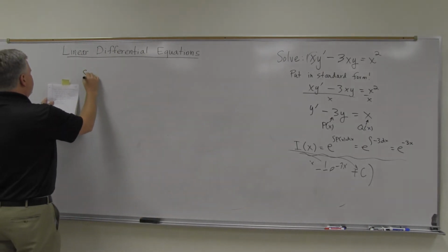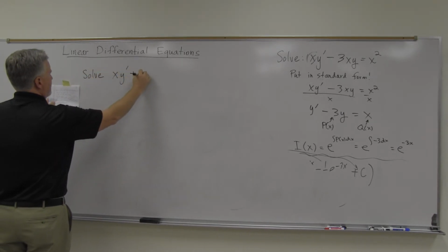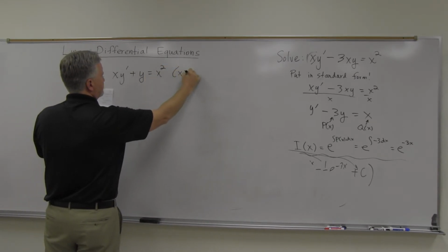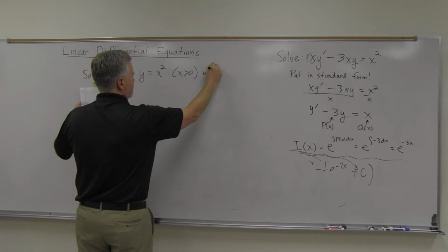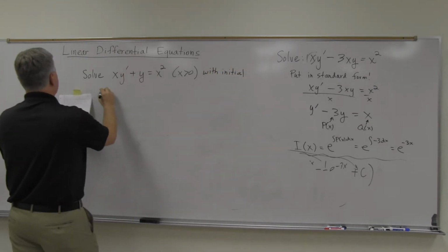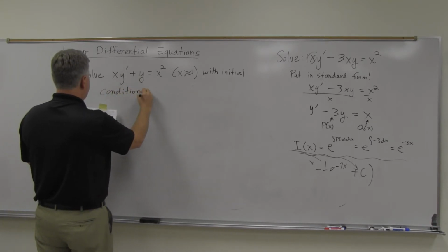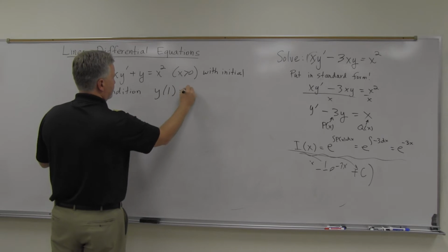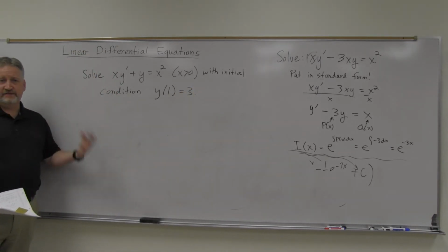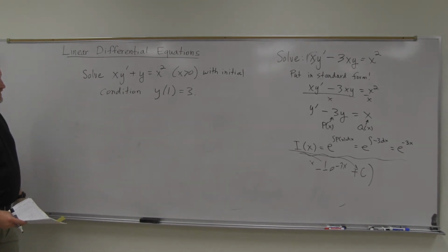All right, let's solve xy prime plus y equals x squared, and we'll say x greater than 0, with initial condition y of 1 equals 3. All right, so we talked about earlier these initial conditions, and so this one, same idea.